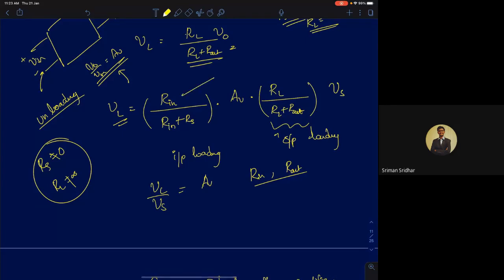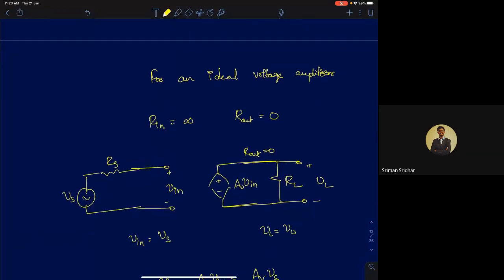If you choose Rin to be infinity, this term will become 1. And if you choose Rout to be 0, then this term will be equal to 1. So for an ideal voltage amplifier, you'll have to satisfy these two conditions. Rin will be infinity, Rout should be equal to 0 or as low as possible. This is an ideal voltage amplifier.